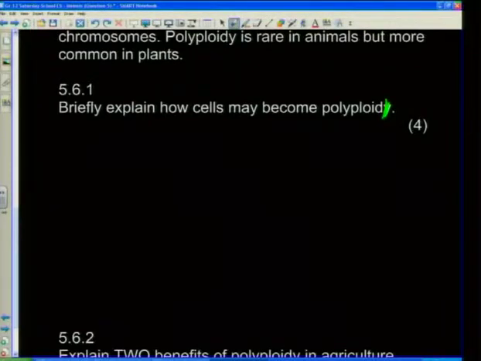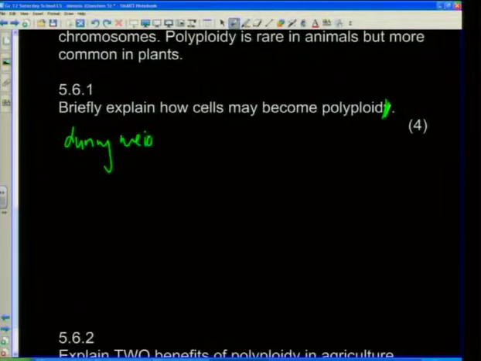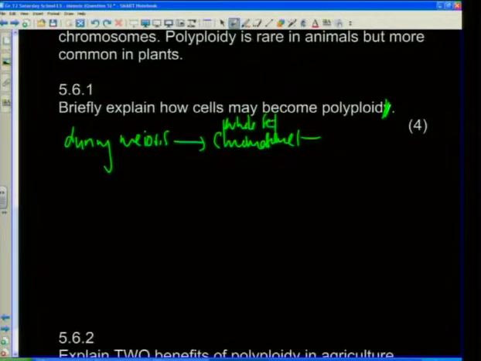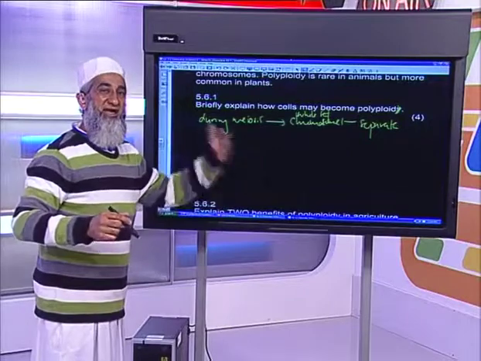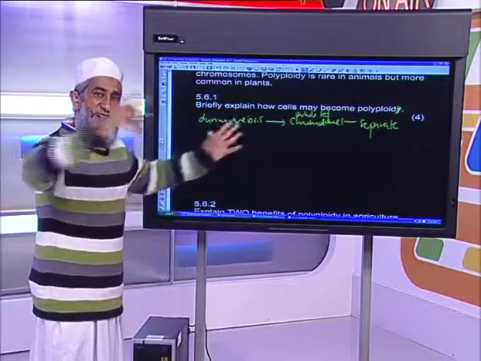Okay, cells become polyploid. Now here, we must talk about meiosis. During meiosis, the whole set of chromosomes do not separate. And this normally, obviously, if you know your meiosis, takes place during anaphase 1 or anaphase 2, when the chromosomes do not separate.